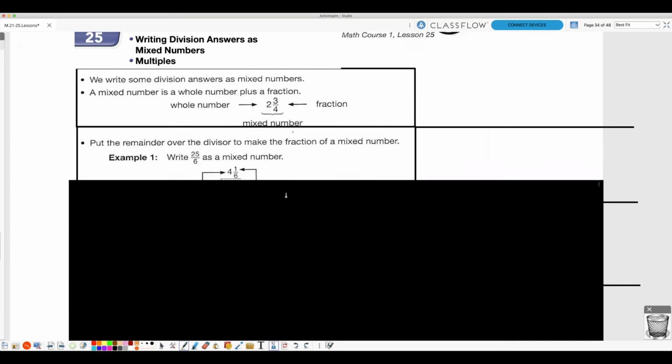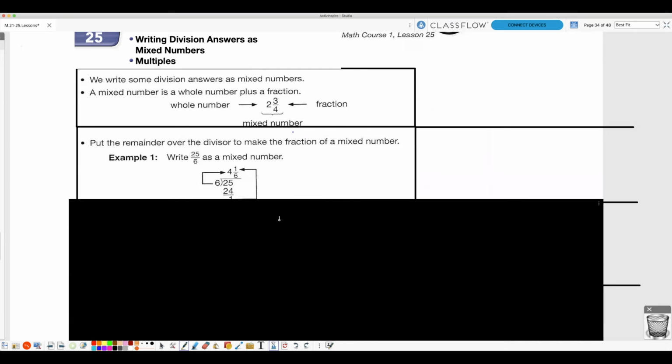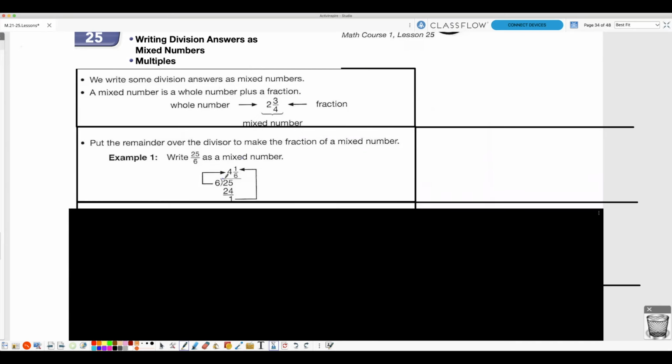So if you have 25 sixths and you need to write it as a mixed number, 6 will go into 25 4 times. And then 4 times 6 is 24. There'd be one remainder.